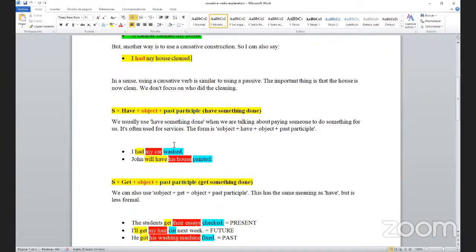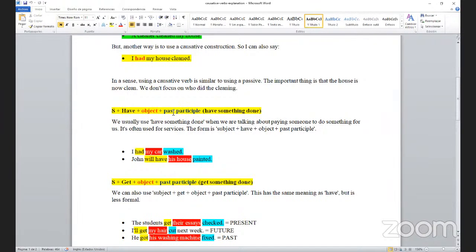So let's go to the structures. When we use have, we always start with the subject, the subject that we're talking about, the auxiliary, which is have, the object that is going to be done, and what is the action that is going to be done to this object: the past participle.